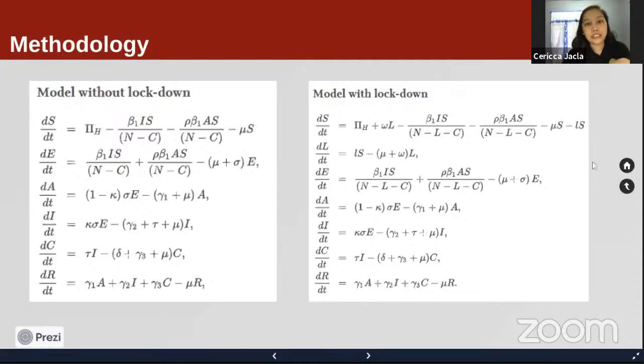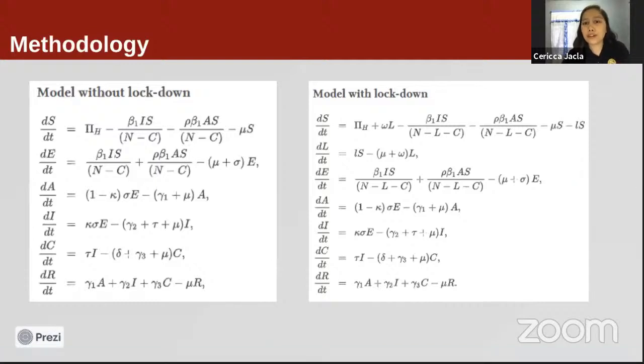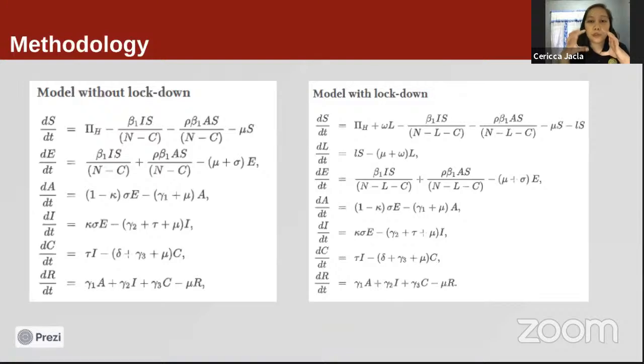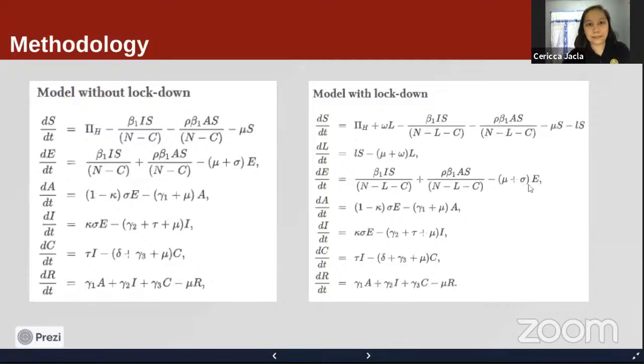However, it is decreased, of course, by the rate of natural deaths, and the exposed population will also be deducted by those who become infected, which we denote by this. So this is the rate of those who got infected.